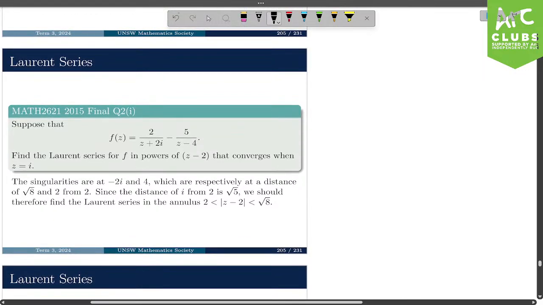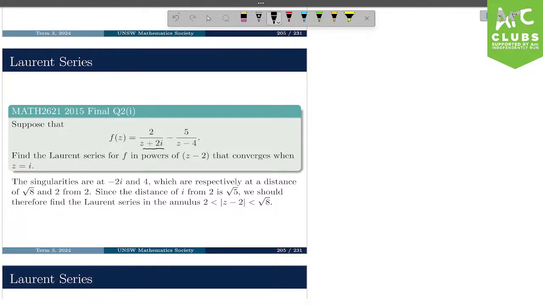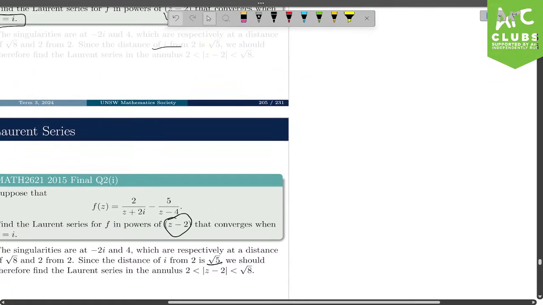So, when I plug in i over here, when I plug in i with respect to z minus 2, it gives me root 5. And then when I put it with respect to the two other values, I get root 8. Okay?